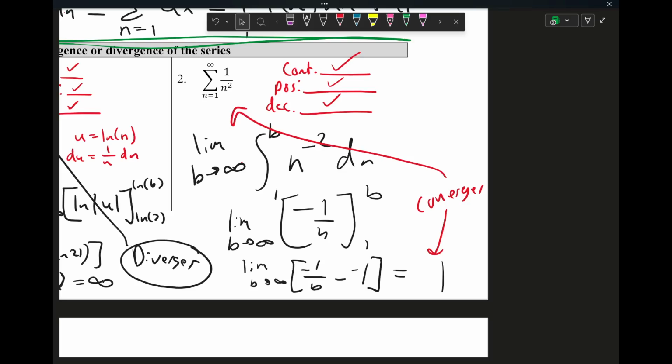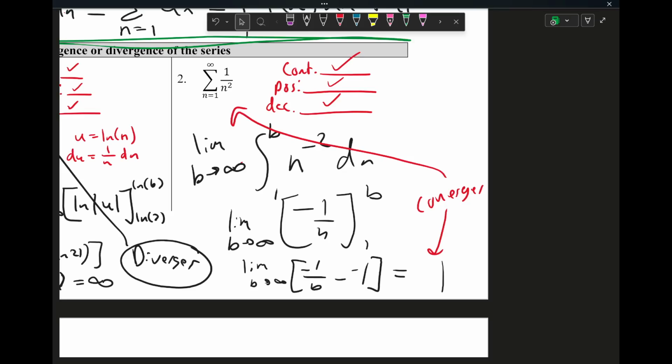Nth term test for divergence doesn't tell you what something converges to. Even the P-series we talk about tomorrow doesn't tell you what it converges to. Most of these tests are only good enough to figure out if something converges or diverges. Does it grow forever unbounded, or is it bounded and eventually going to settle on something?